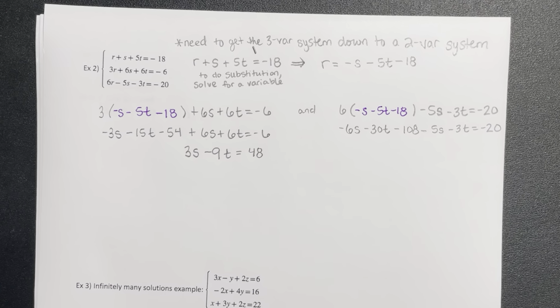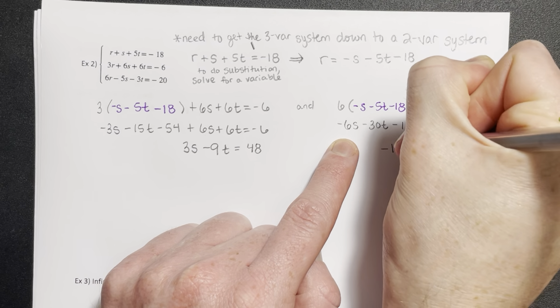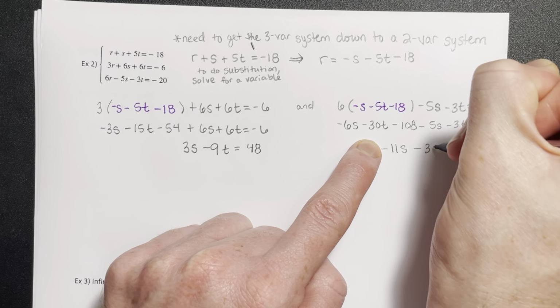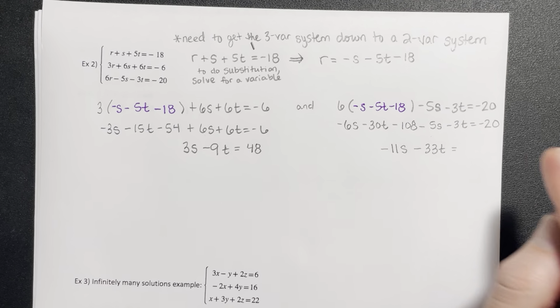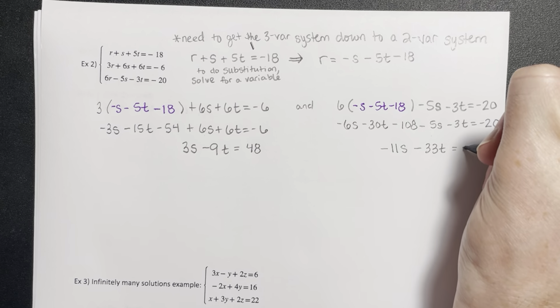I can combine like terms, so combining the s's, I get negative 11s, negative 33t, and then adding the 108 over, you get positive 88.